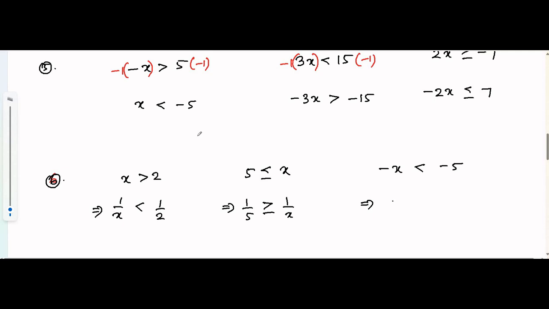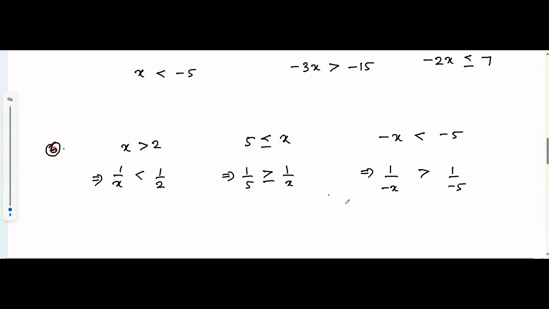So here if we take the reciprocal, 1 by minus x, which is essentially minus 1 by x, and here it is 1 by minus 5, the sign of inequality will reverse. Lesser than will become greater than. So basically it is minus 1 by x is greater than minus 1 by 5.